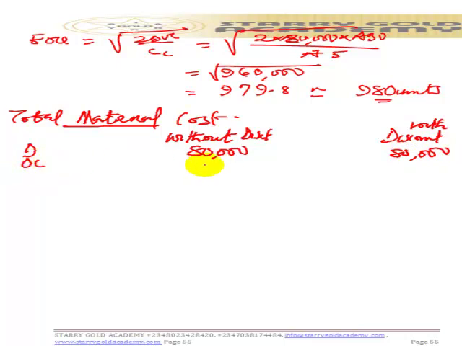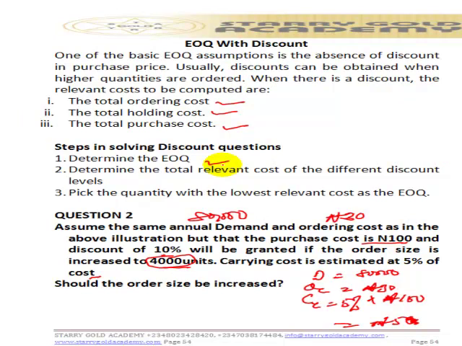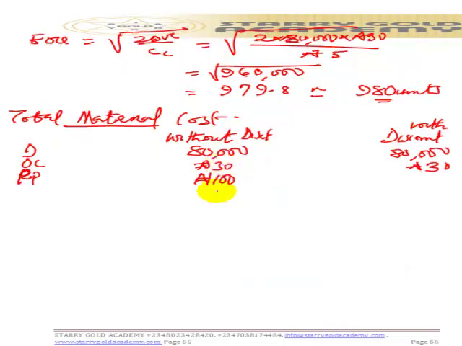Our ordering cost will not be affected; that will be 30 naira in both cases. But the purchase price is currently 100 naira without discount. If the company accepts the discount, it will enjoy 10% off the 100 naira.